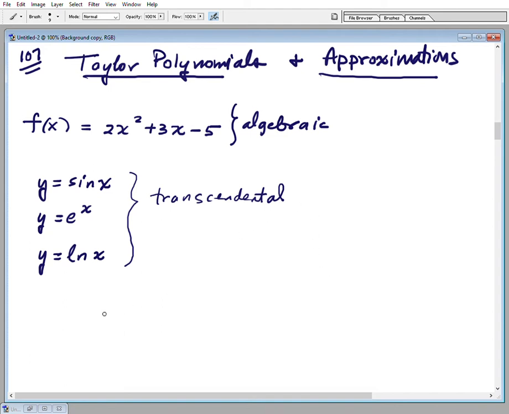Okay, so what do we want? So our goal is to obtain, it would be nice if we had a formula, let's say for e to the x.